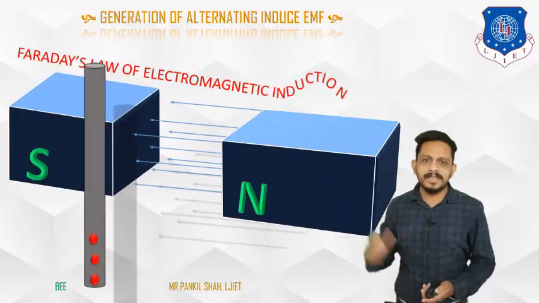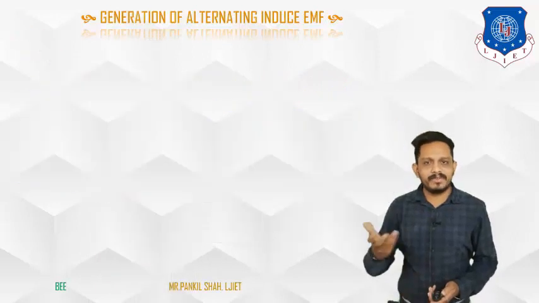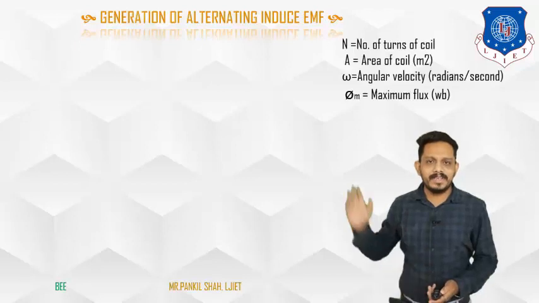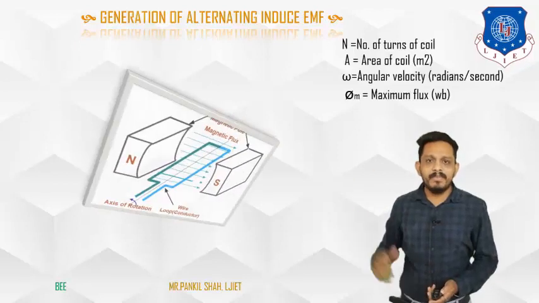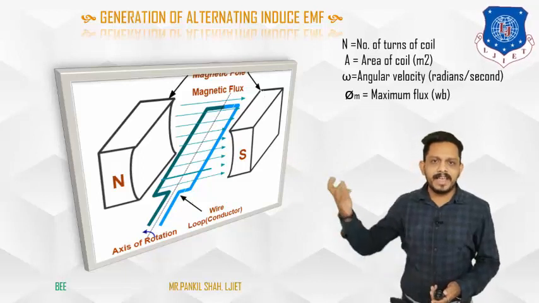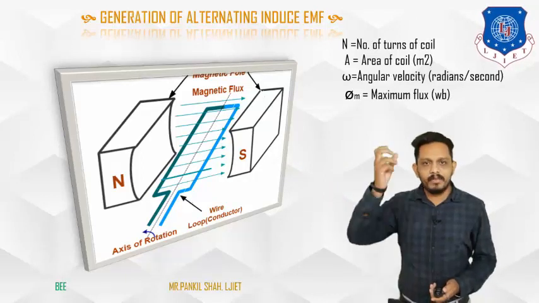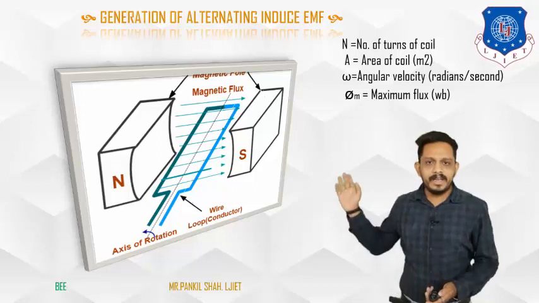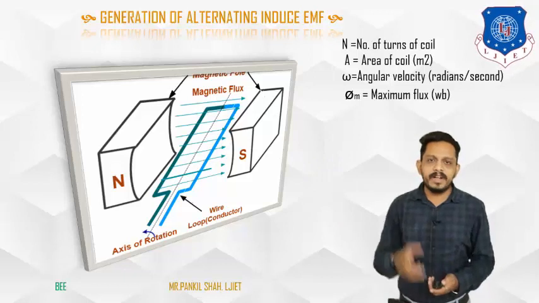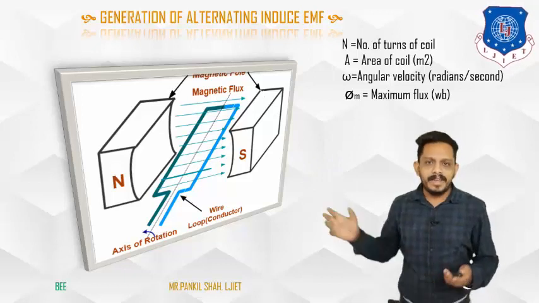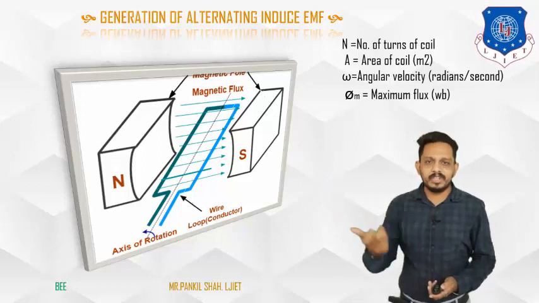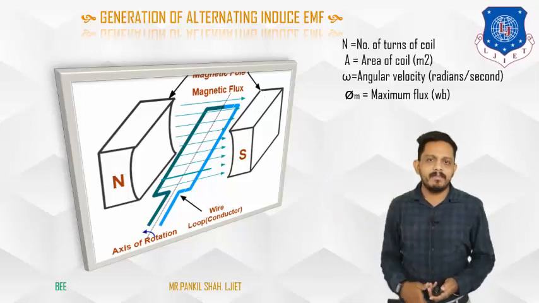So this was a very basic setup of how to generate electricity, and its basic schematic diagram is shown here, where we have taken two magnetic poles, N pole and S pole, and instead of a solenoid shaped coil, in theory we have taken one rectangular shaped coil which is rotated by means of a prime mover inside this magnetic field, and this rectangular coil has N number of turns.